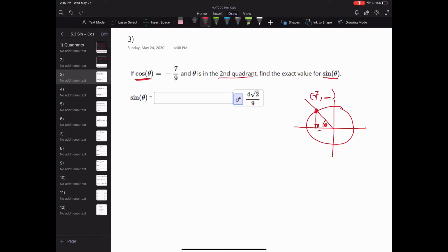So we know this distance is 7/9, and we don't know what that is. So the Pythagorean theorem. Well, maybe calling it y would be nicer. So y squared plus 7/9 squared is equal to, well, the hypotenuse is 1 because we're using this unit circle.